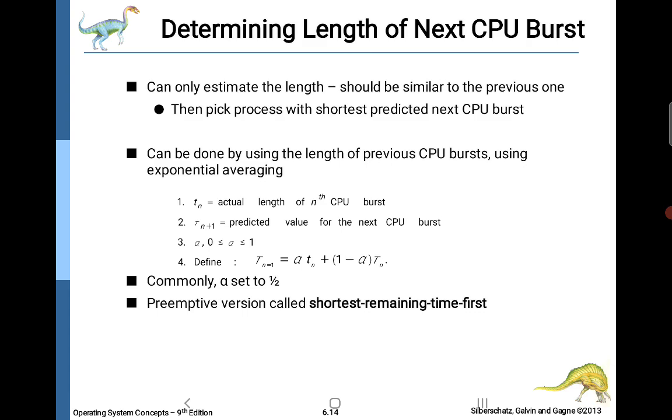So how can I determine the length of the CPU burst? Briefly, I have two options. I can either estimate it based on similar or previous behavior, or I can predict it from past lengths of CPU bursts.